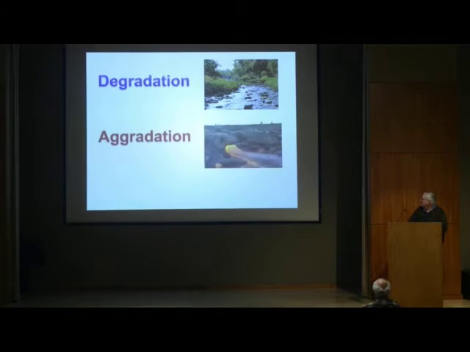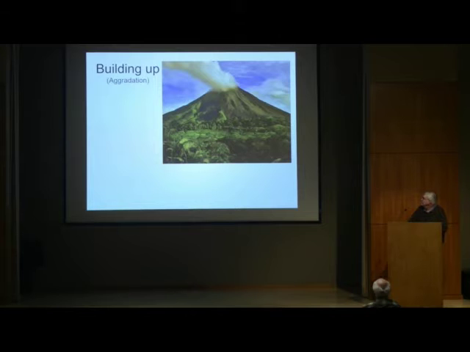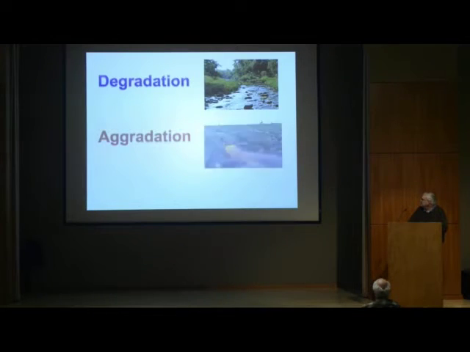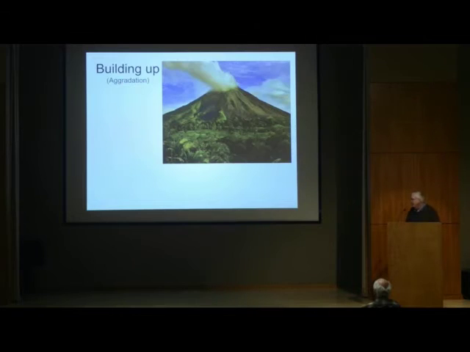So we're talking about degradation and aggradation. Aggradation has to do with the buildup of material. Degradation is wearing it down, reducing the level of the land. How does it happen? Well, volcanoes, of course, are one way that you get the accumulation of material.